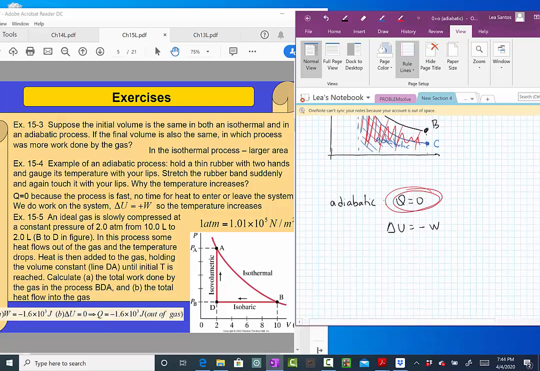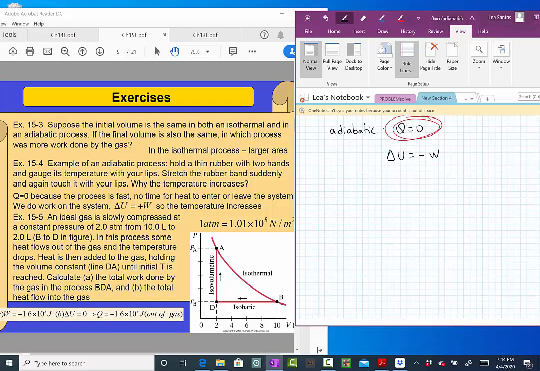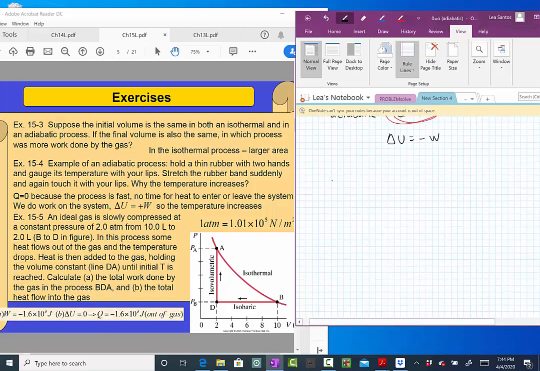So what are we doing with this rubber band? When you stretch it very quickly, very fast, you don't give time for the rubber band to exchange heat with the surroundings. So it's an adiabatic kind of process.